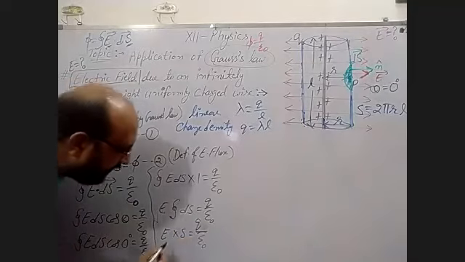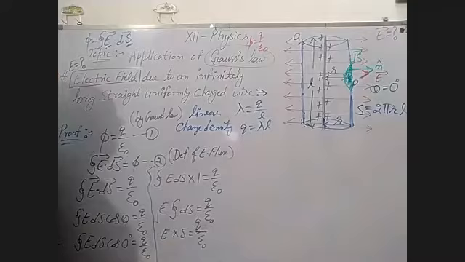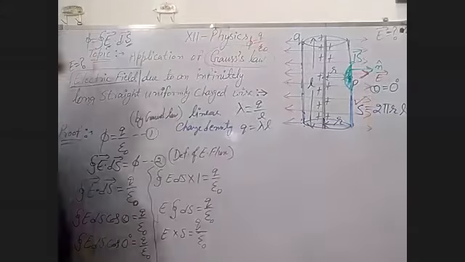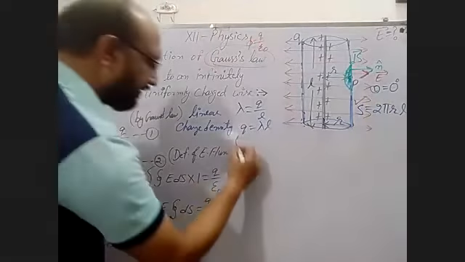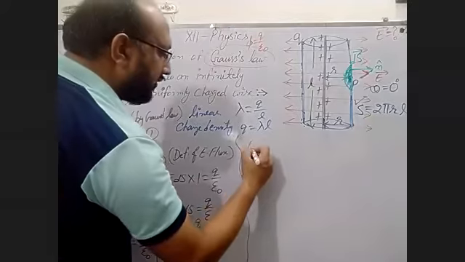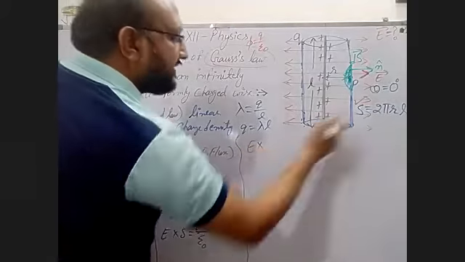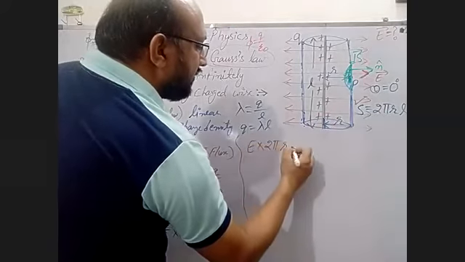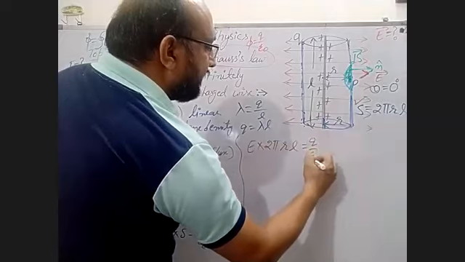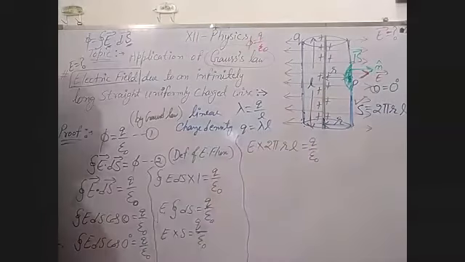Okay. Now what is the value of S? S is the surface area of this cylinder. Now E into the surface area of the cylinder, 2 pi r L here, is equal to Q by epsilon.